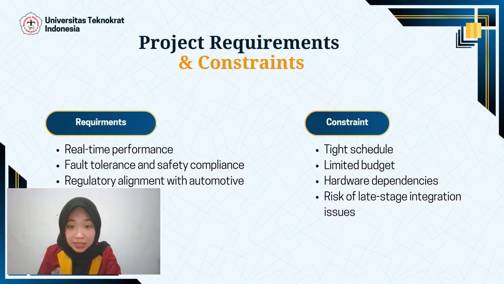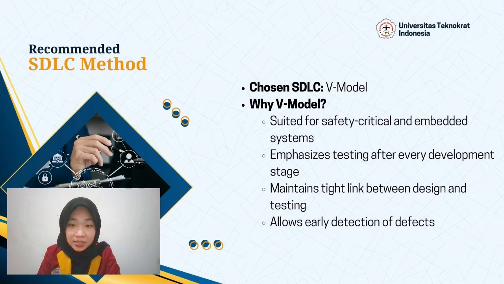After careful analysis and group discussion, here we choose the V model as the most suitable SDLC method for this project. The V model is an extension of the waterfall model, where every development phase is mirrored by a corresponding testing phase.